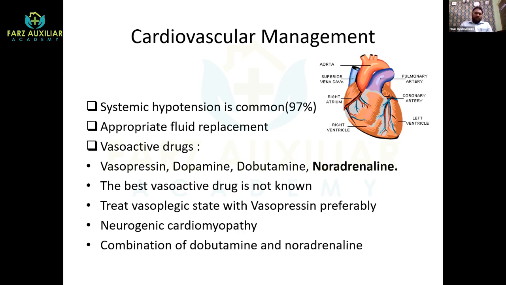Here, no drug is called the drug of choice because the best vasoactive drug is not known, but noradrenaline is the preferred drug for management of this hypotension. A combination of dopamine and noradrenaline is usually given when myocardial depression is there and you want to start inotropes and chronotropic agents.